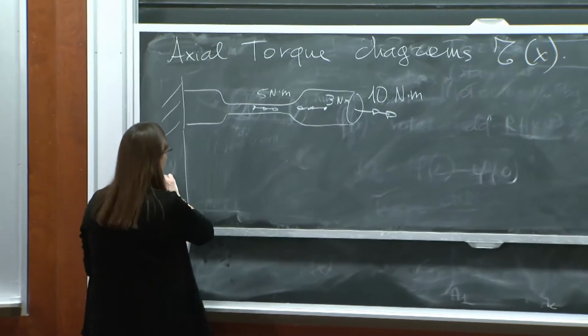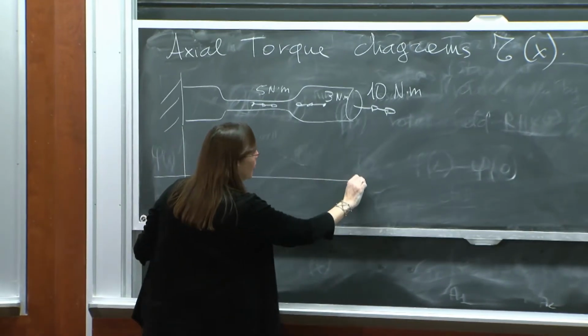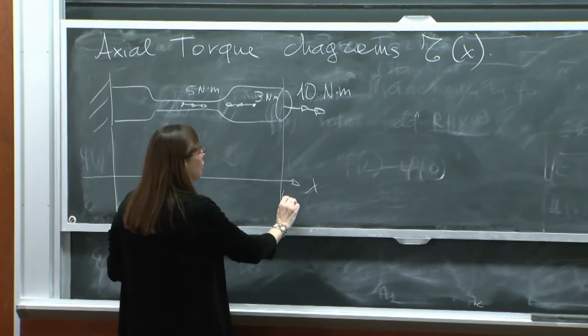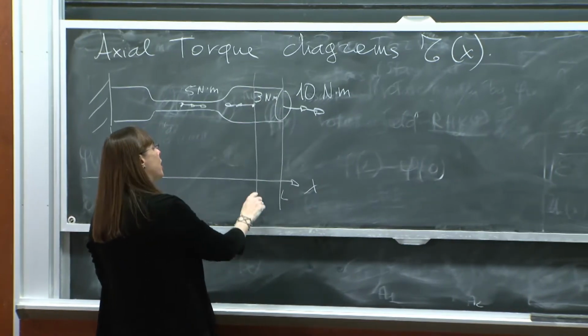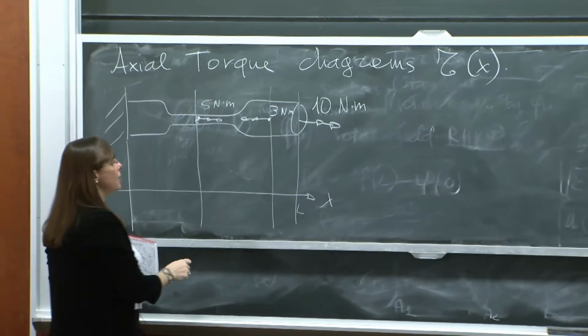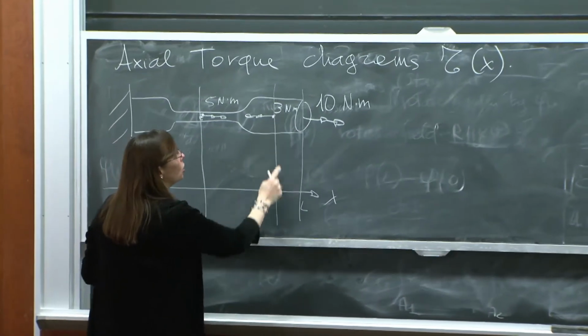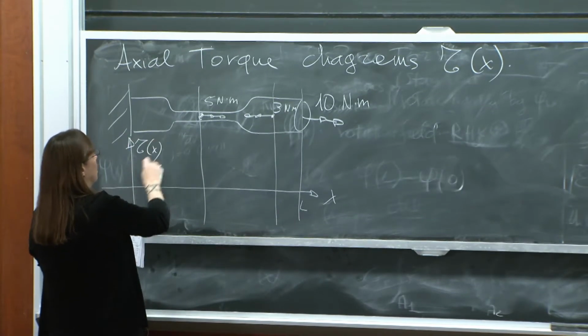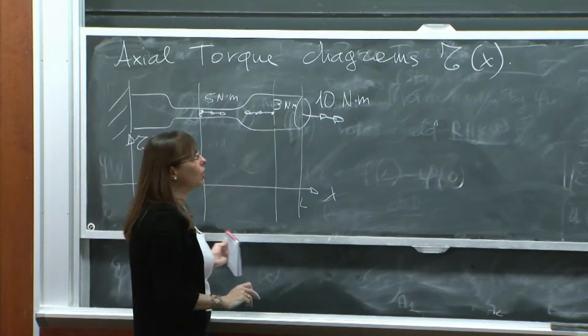We already did this last time. You go down at the end of the shaft. You go down where the loads are applied. You go down where the torques are applied. And you start building your T of x diagram by putting the shaft in equilibrium.